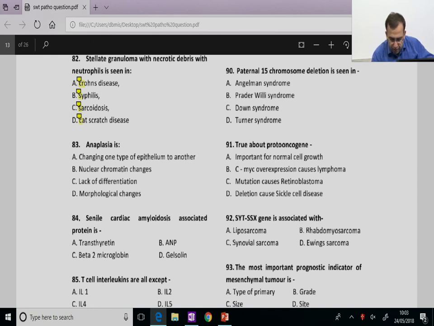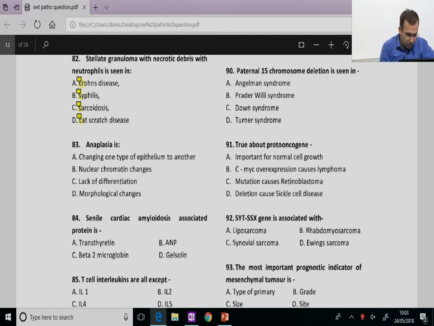Retinoblastoma is caused by mutation in a tumor suppressor gene, not in a proto-oncogene, so this is false. Sickle cell disease is caused by a point mutation, not deletion.